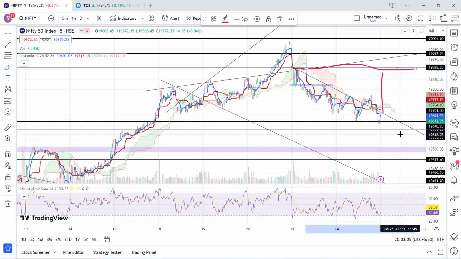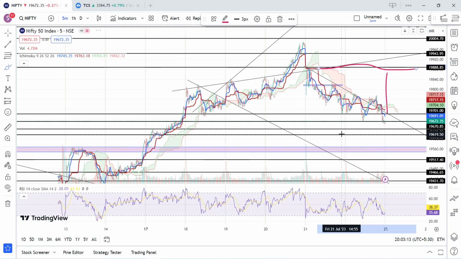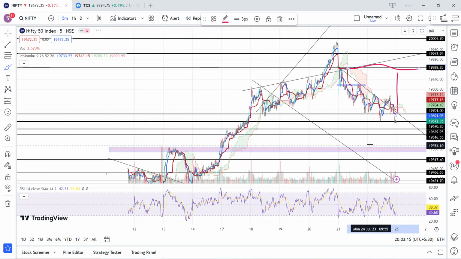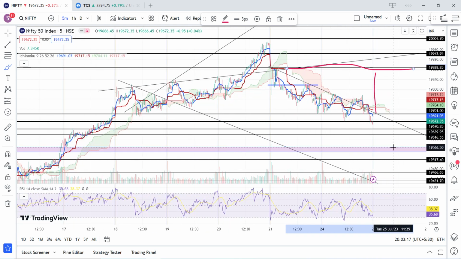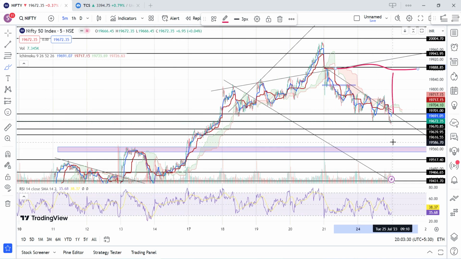If it comes back, I have marked these levels again: 19,640, 19,616, and one more support level. I will see that level also. If the downside sustains, I will trade the next levels also. Both sides I already explained, guys.